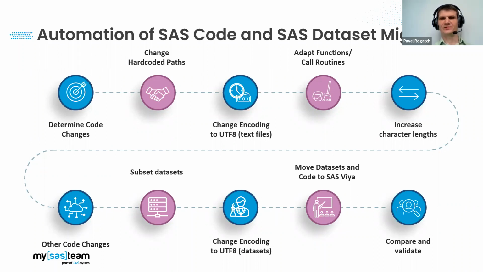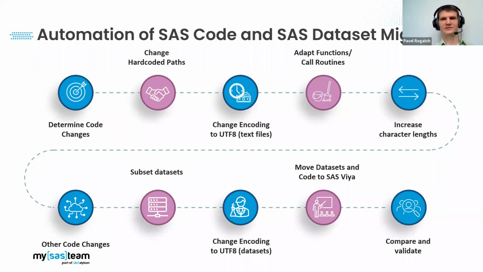So let's briefly review different stages of SAS code and SAS dataset migration that we automated. And here you can see that first we used a Python script to scan all SAS code files to analyze them and determine the scope of changes necessary for migration to SAS Viya.